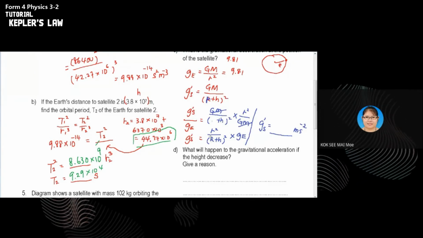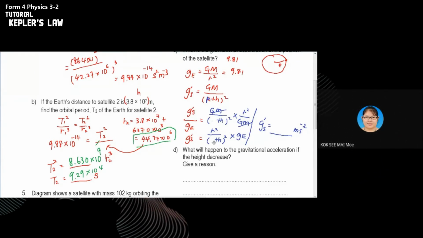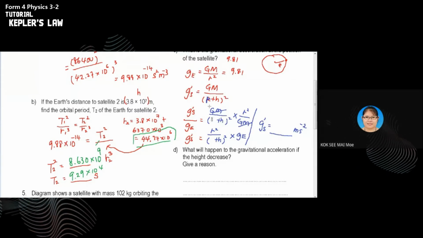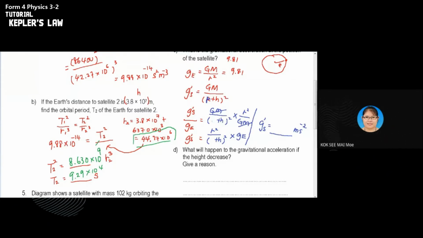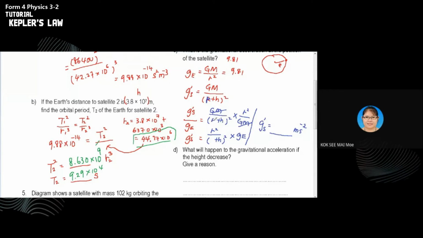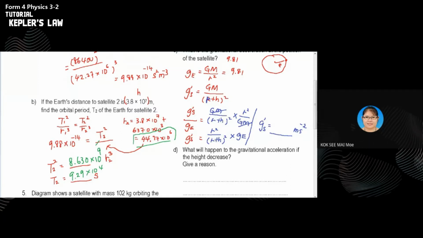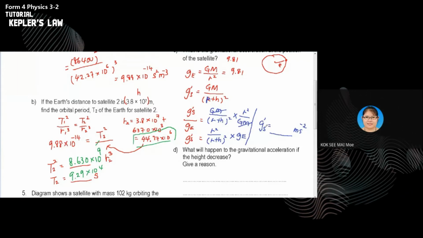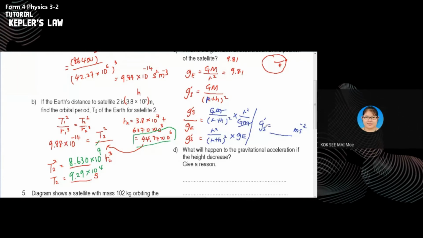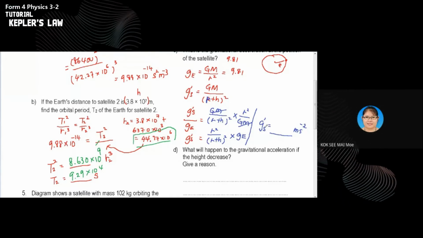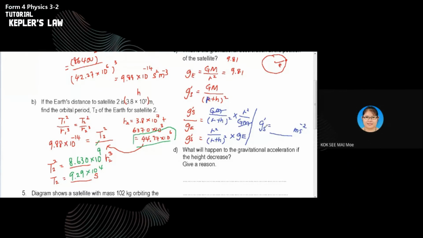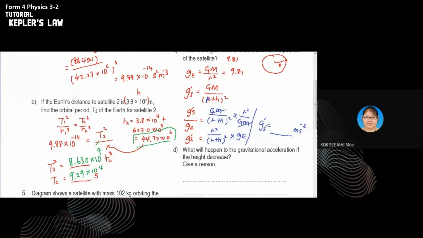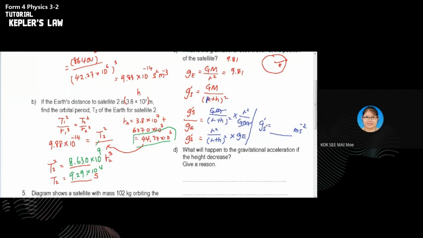Small r represents the radius of the Earth, and h represents the distance from the satellite to the Earth. So the final answer.